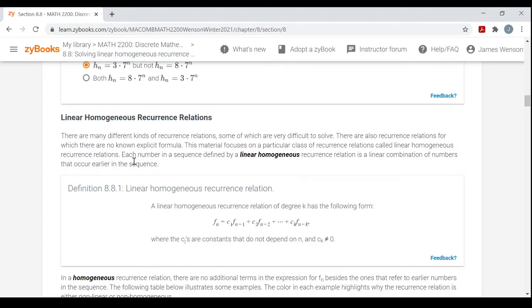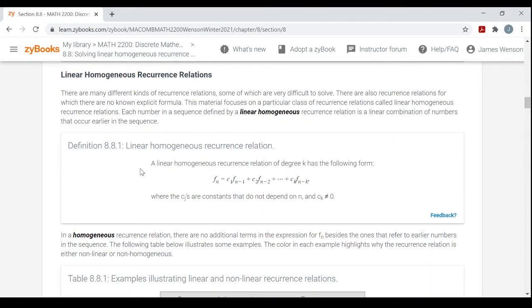Each number in a sequence defined by a linear homogeneous recurrence relation is a linear combination of numbers that occur earlier in the sequence. And that's it. Nothing more.